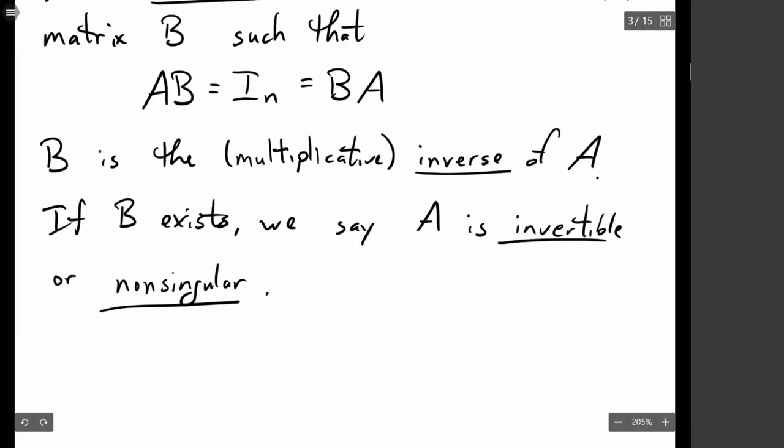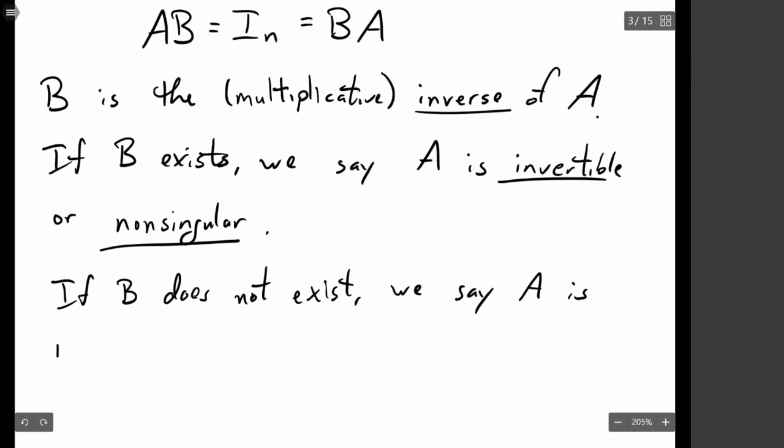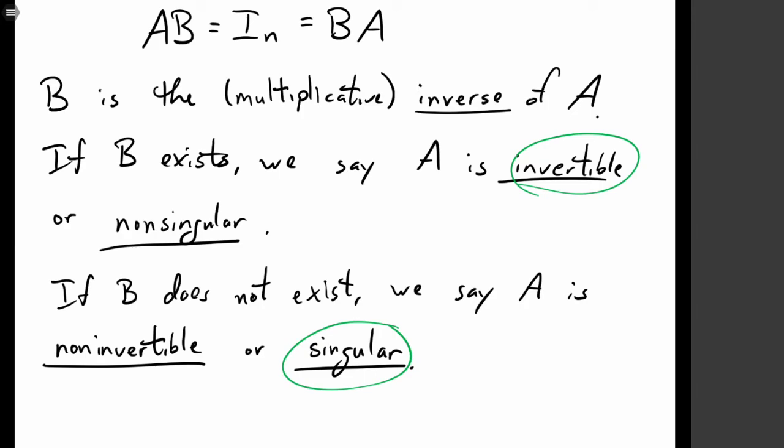If B does not exist, we say A is non-invertible or singular. Kind of the typical words we'll use for this is if a matrix does have an inverse, we'll call it invertible. If a matrix does not have an inverse, we'll call the matrix singular. That's typically the words we use for this.